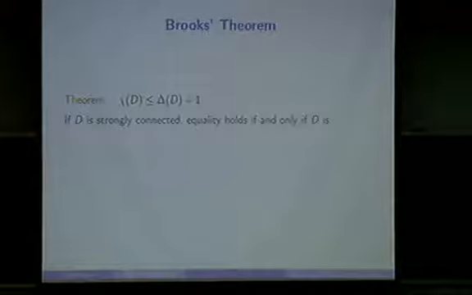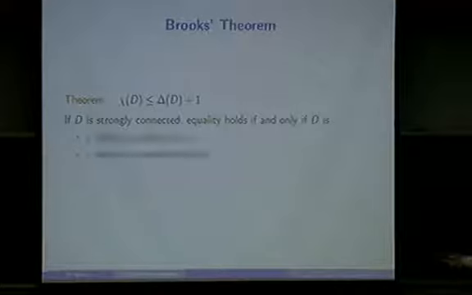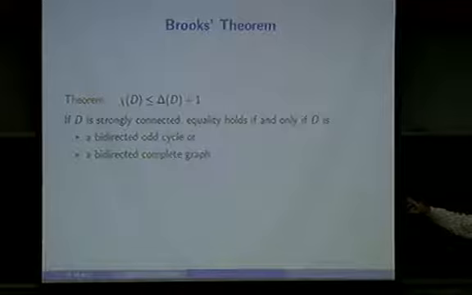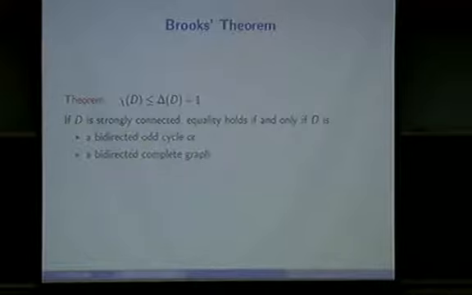So this +1 may be necessary, but only in specific cases. Here are two classes. If you have an odd cycle and you make it bidirected, so you replace, basically the construction I mentioned at the beginning, every edge by two oppositely directed arcs, then you get a graph which does have the chromatic number equal to the bound.